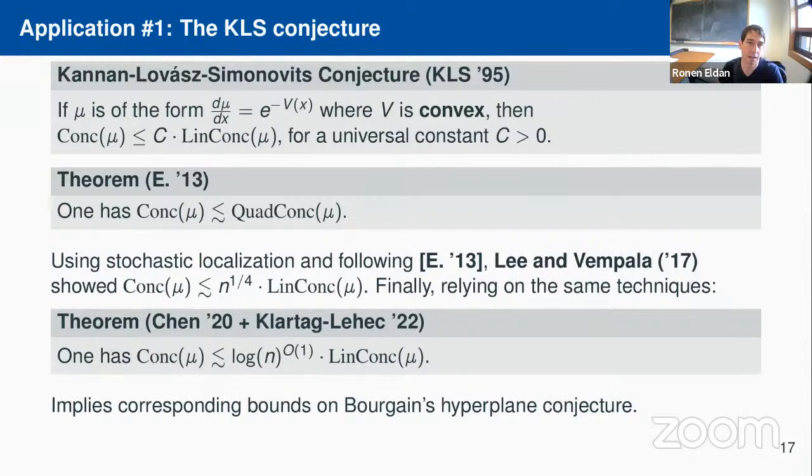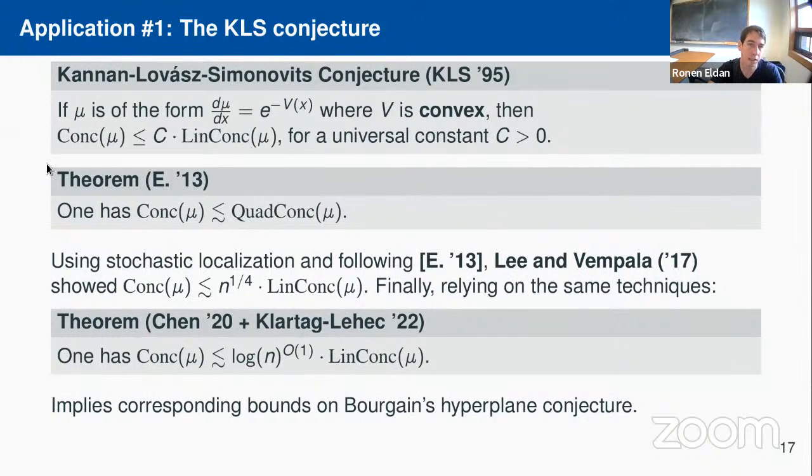Let's zoom in and really quickly review some specific applications. First of all, the KLS conjecture that I mentioned above, which talks about the concentration of log concave measures on Rn. Just to remind you, it asserts that the concentration of a measure is up to a constant determined by the concentration of linear functions.